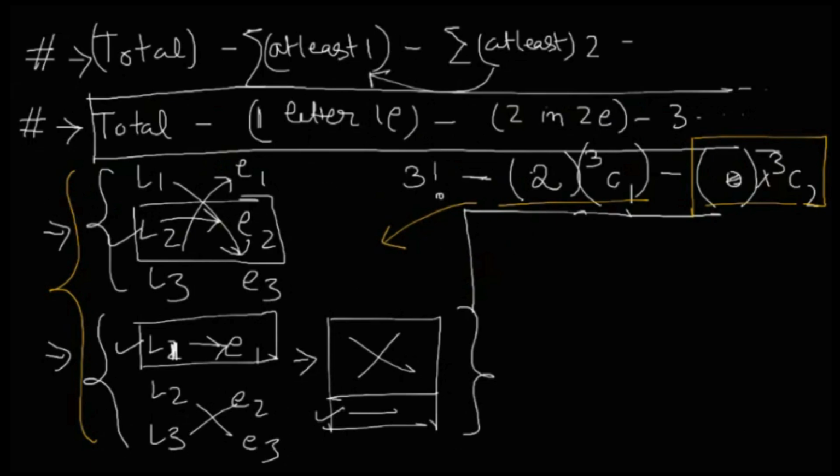I can put L1 without loss of generality. The rest of the cases are similar, so that's why I'm not doing that. So L1 is in E1, L2 is in E2, and L3 is in E3. I have no choice. That's what you're saying, right?